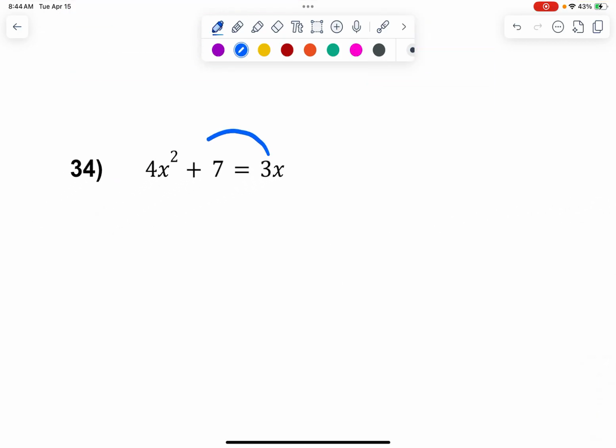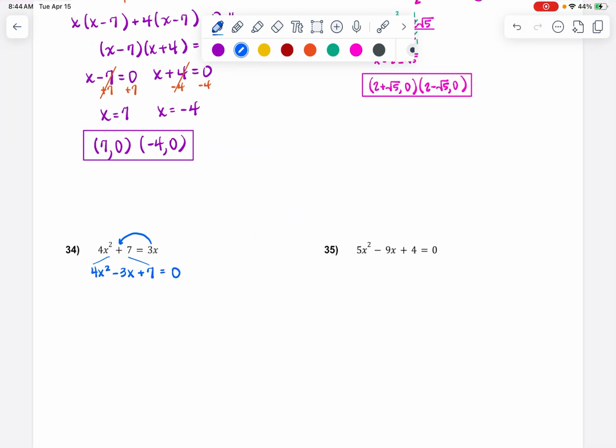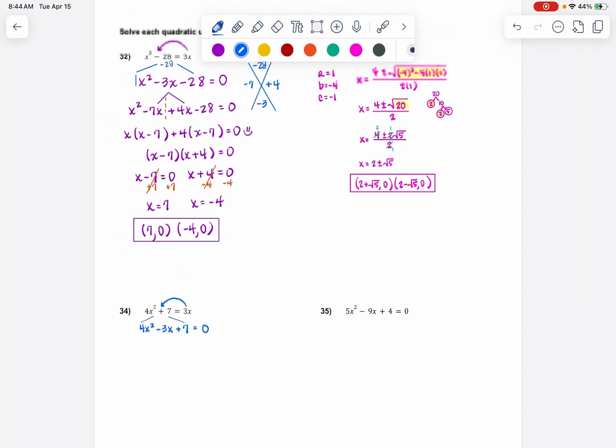We definitely need to bring the 3x over, and it's got to be put in the middle since he's the x term. So we're going to subtract the 3x over. All right, let's see. If I wanted to factor this, I'd be looking for factors of 28 that add to give me negative 3, and that does not exist, right?